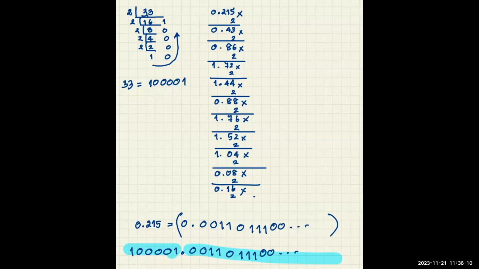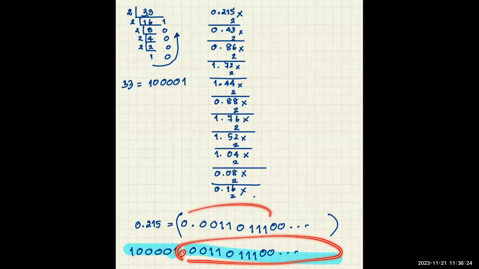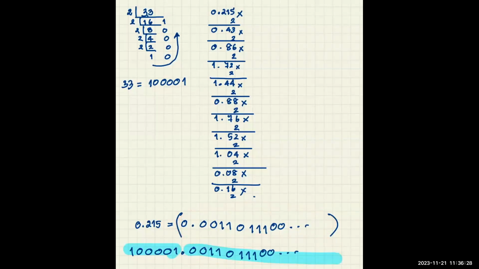So the part in front of the binary point comes from the number 33. The part after the binary point comes from above, which is 0.215. But this is not written in terms of normalized binary form yet.